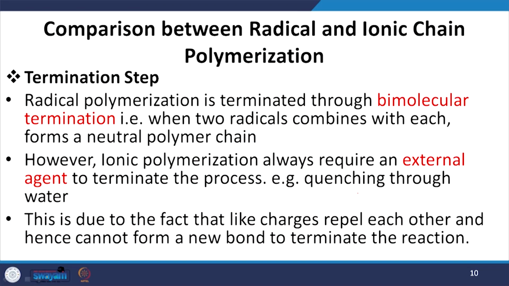The termination step also plays a very vital role if we wish to compare these two polymerization systems. Radical polymerization is usually terminated through a bimolecular type of termination. To be more precise, when two radicals combine with each other to form a neutral polymer chain.